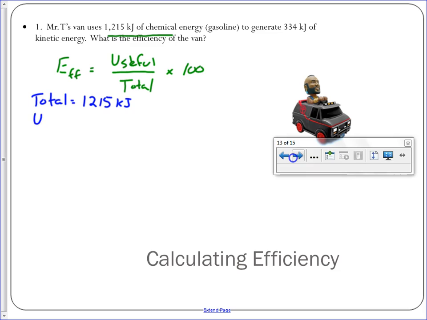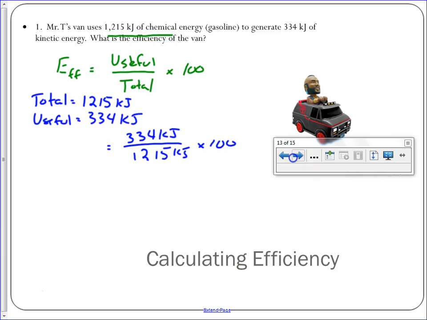Our useful energy is, again, it's a car, so useful energy would be our kinetic energy, which is 334 kilojoules. So all we need to do now is plug these numbers in. We go 334 kilojoules divided by 1,215 kilojoules times 100.